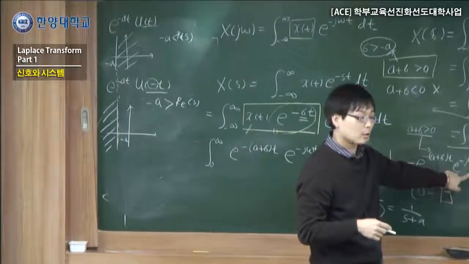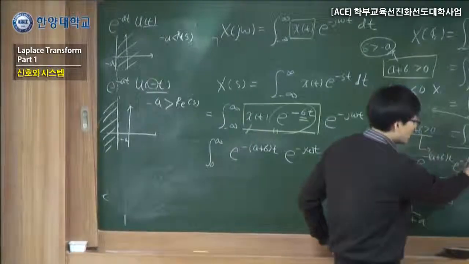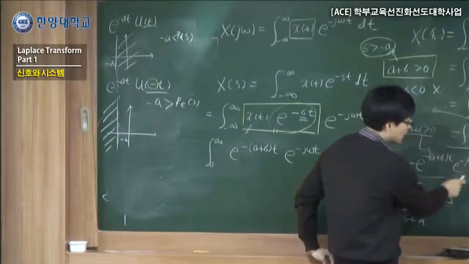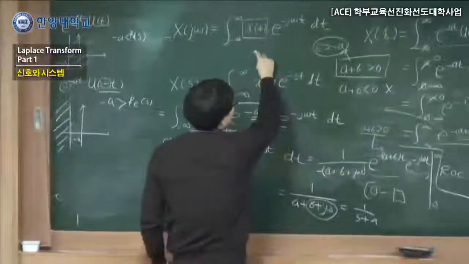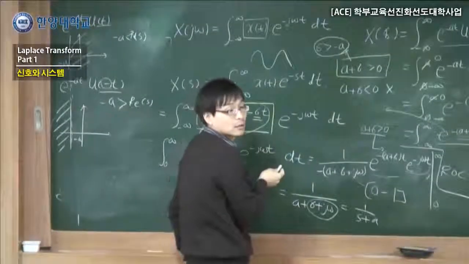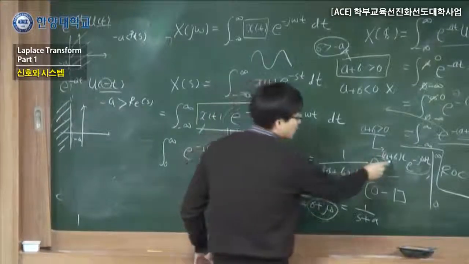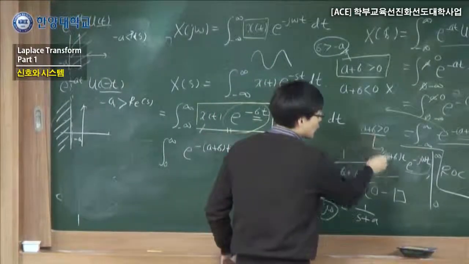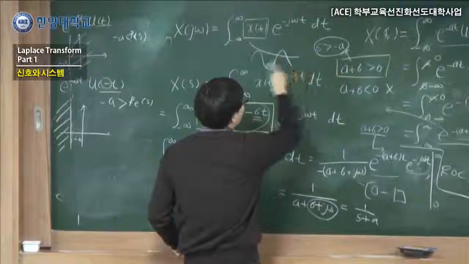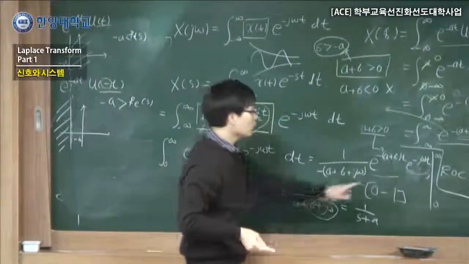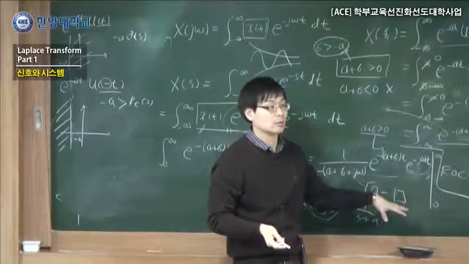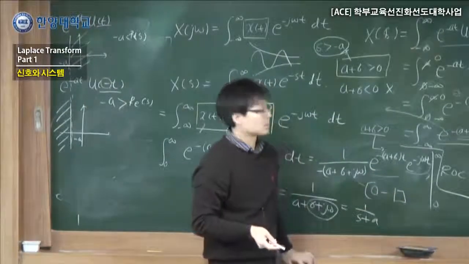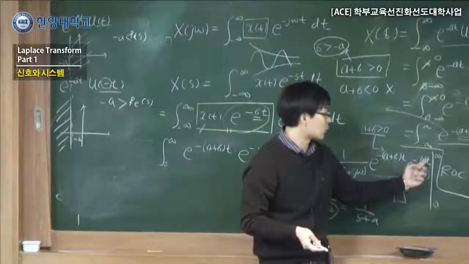How do you handle the e to the minus j omega t part from 0 to infinity? When this one is infinite, as I said, this one is in charge of oscillation. However, this one, which is in the region of convergence, goes to 0. So even though the other has some value, multiplied by 0, it becomes 0. That's the reason. If you put 0, then this one becomes 0.